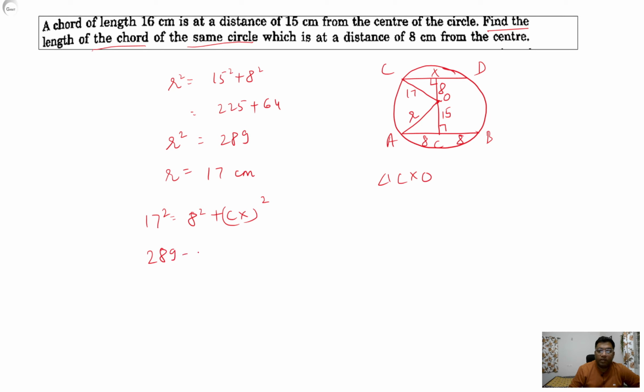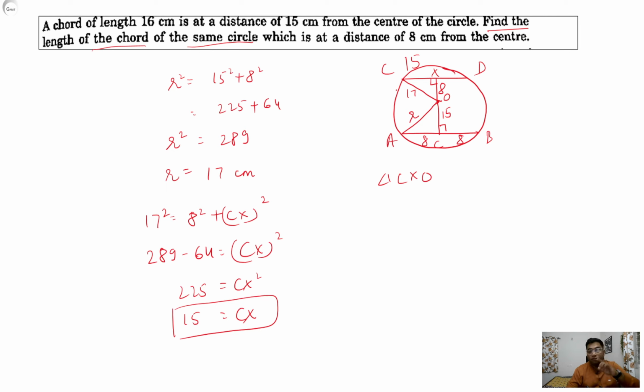So we have 289 minus 64 is equals to CX whole square. So CX whole square is 225. So CX is 15. Now this part, remember the question says find the length of the chord. What we have found is half of the chord. So the chord, which is CD, will be how much? 30 centimeter, just twice.